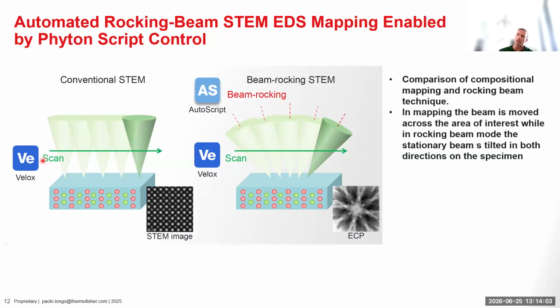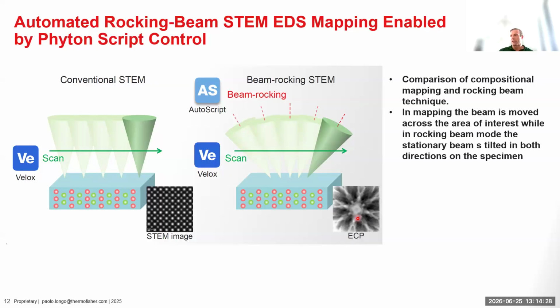Normally, when you scan the beam, you always go from left to right and you create an image. But if you want to do different types of experiments, you want to rock the beam, that functionality is not present in the software. At the same time, you want to do EDS, that functionality is not present in the software.